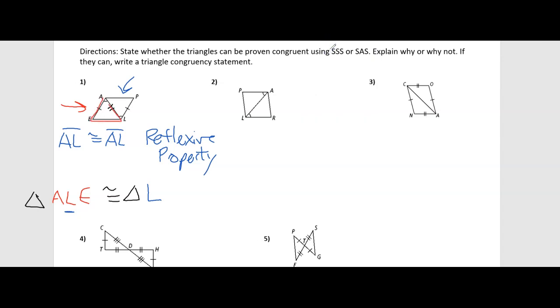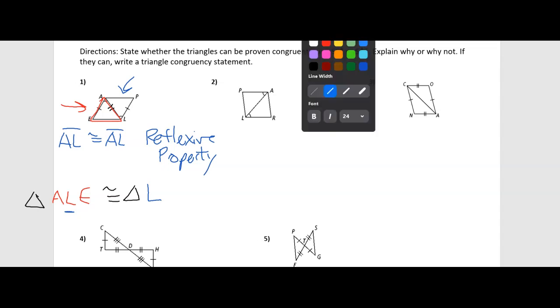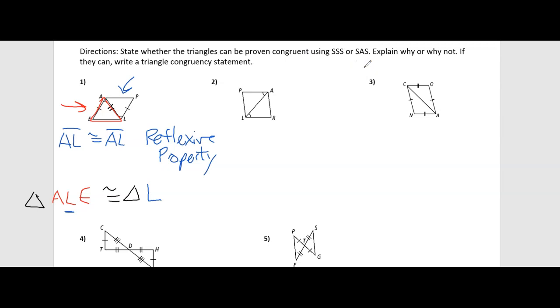So here's my red triangle. L is on the other side of the segment with 2 tick marks, the side that doesn't have the angle arced off. For blue, that would be A. A is on the other side of that segment with 2 tick marks, and it is not the angle that is arced off for the blue triangle.